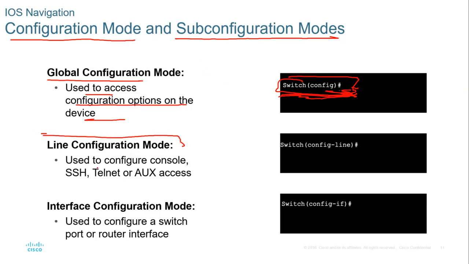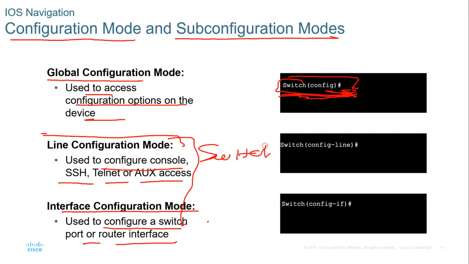Line configuration mode is used to configure the console, SSH, telnet, or even auxiliary access. Interface configuration mode is used to configure a switch port or router port. As you can see, these modes or prompts cut across both the switches and the routers. So if you know the concepts on the switch, it's the same concept on the router.